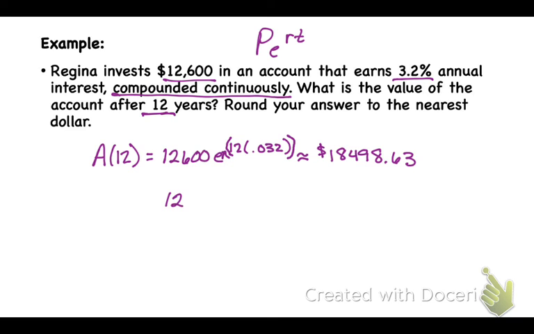So it should be 12,600 E caret parenthesis 12 times 0.032. Did you get it, Cadence? Okay.